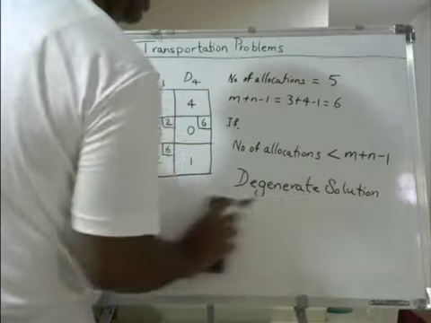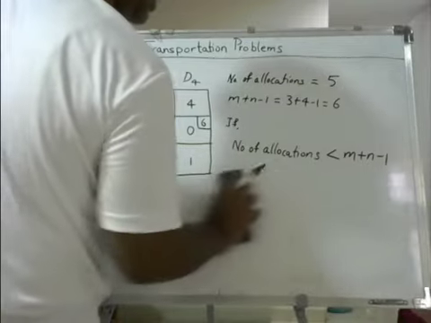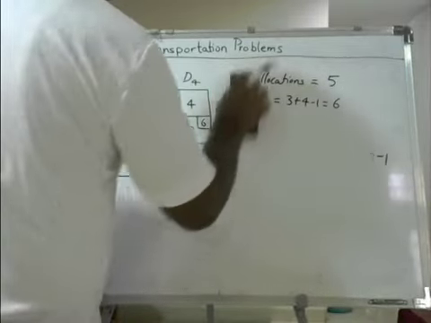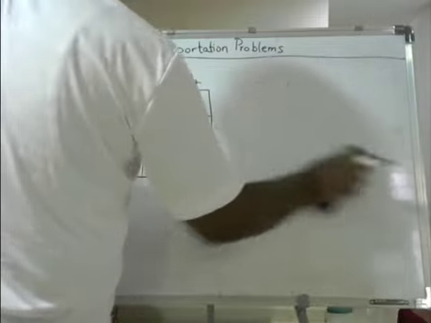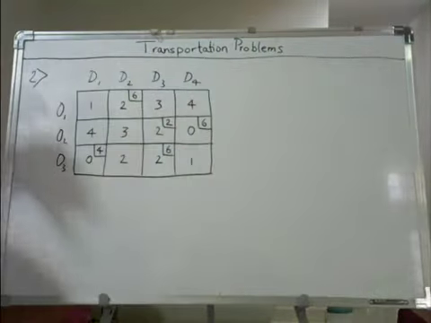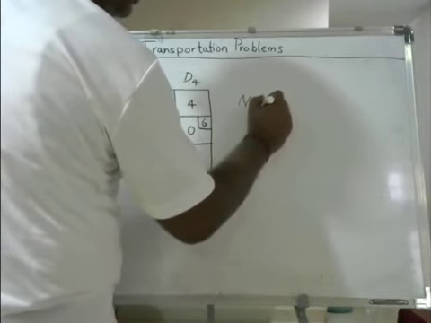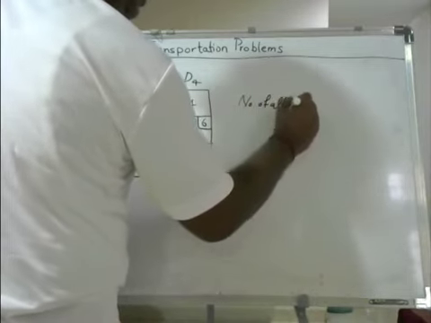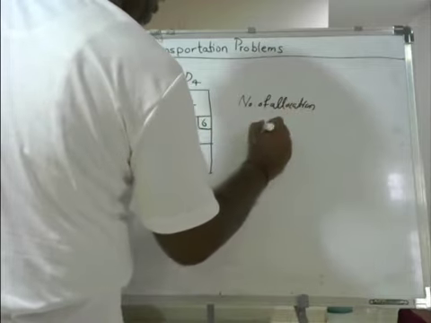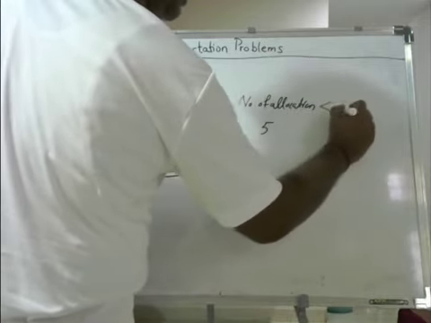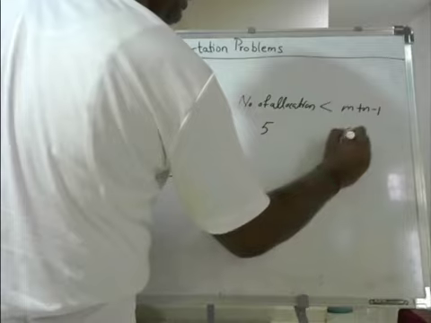We deal with degenerate solutions by making an allocation. Basically what has happened here is that the number of allocations is 5, but m plus n minus 1 is 6.